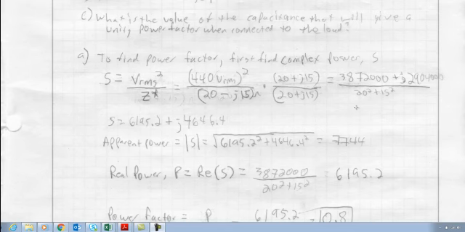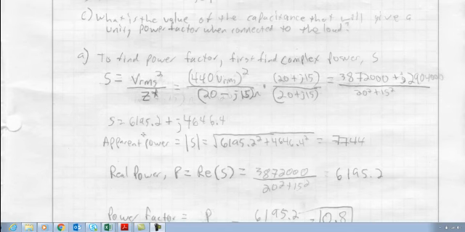So what this does is it now gets it so that we just have a single complex number. You simplify that on down, and so S is given as 6195.2 plus j4646.4. And so this is S.